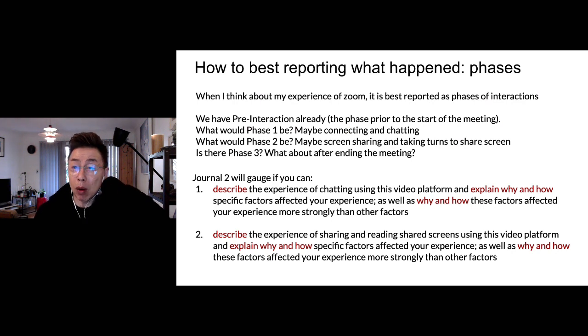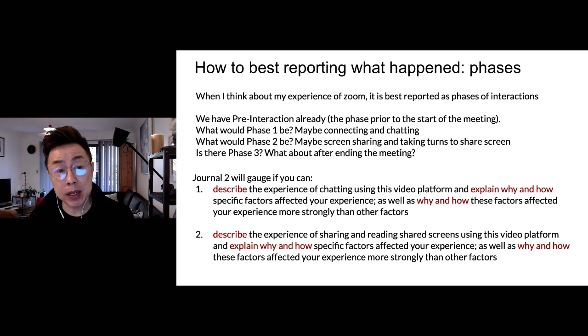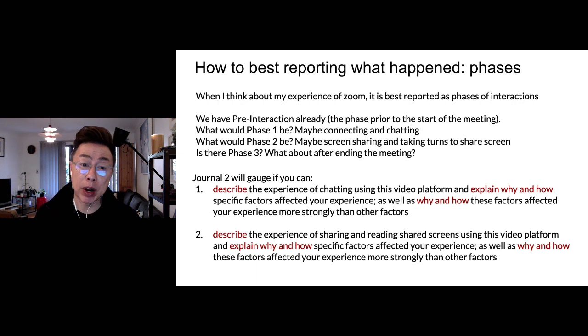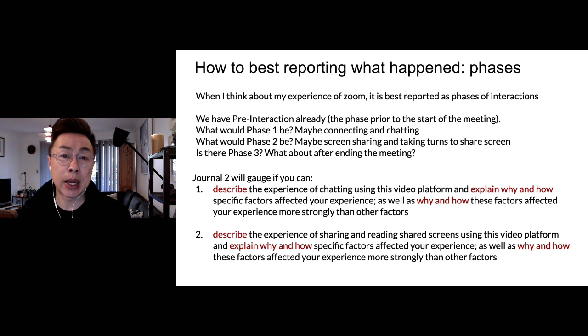So when I look back at my Zoom experience, I think it's best that we report it as phases of interaction. Okay, so we really have in a template a pre-interaction phase. That's the phase prior to the start of the meeting. Then we could have maybe a phase one. So maybe phase one could be about making the call, connecting, and starting to do the chat and describing what happened during the chat.